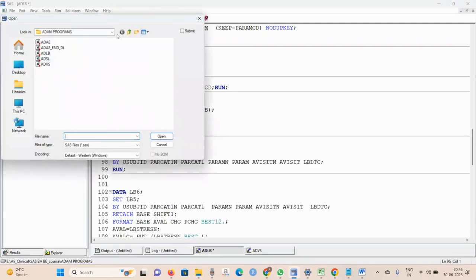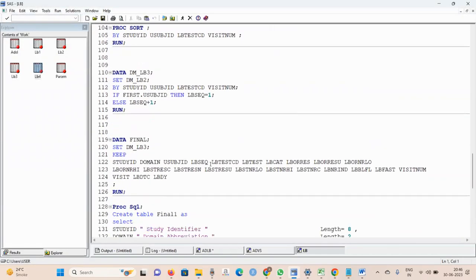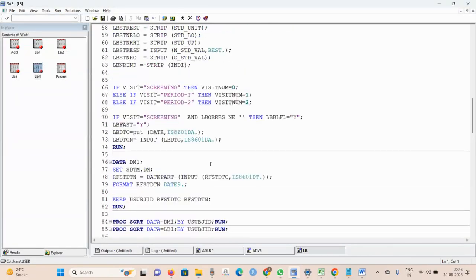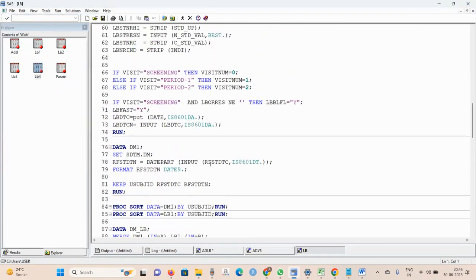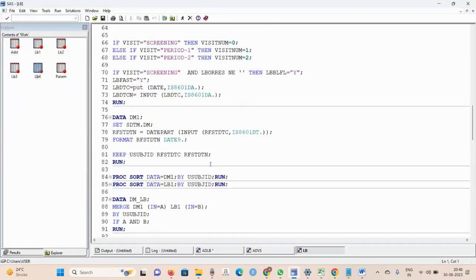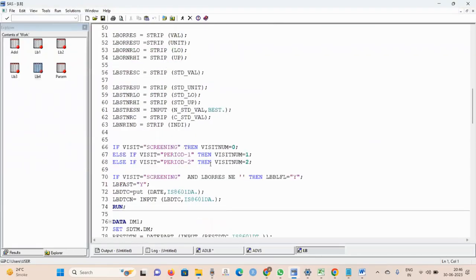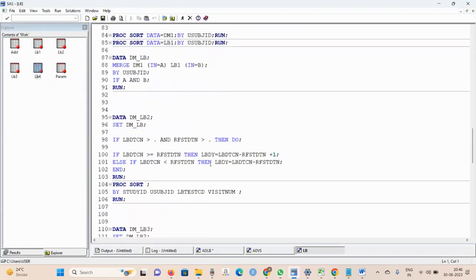Let me check. Okay, so if you see in SDTM, I don't think I have sorted here, or what. You see LBTESTCD, then visit wise.